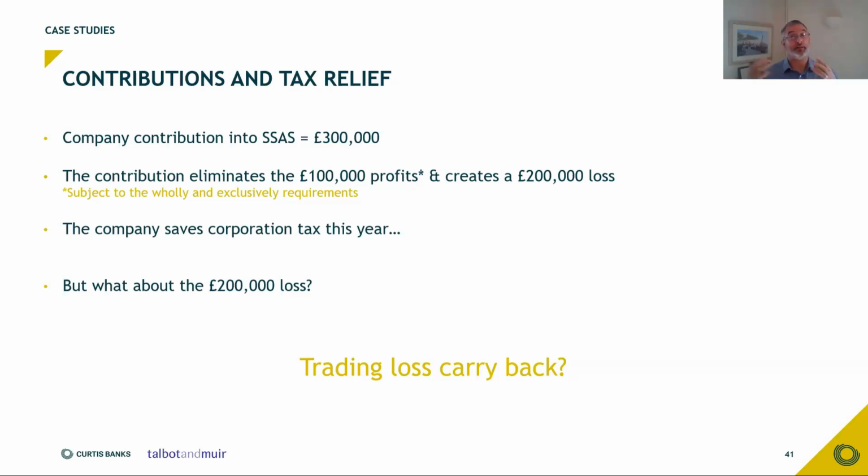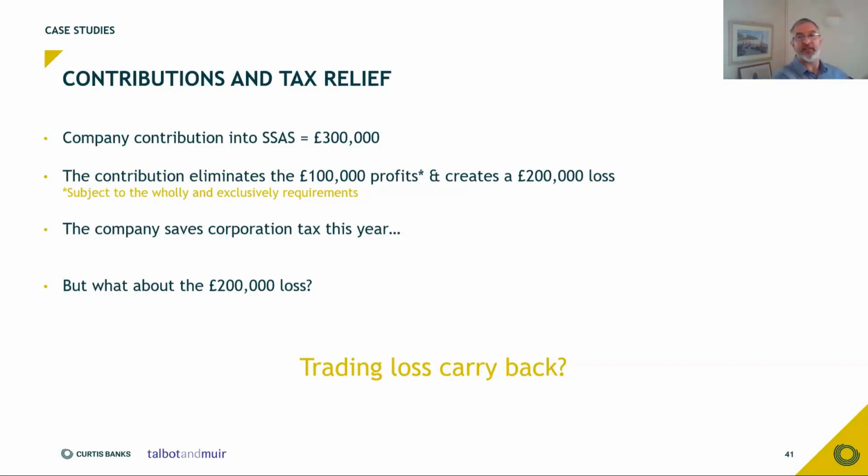But the next question, which is probably the better question, is should they make the £300,000 contribution this year? They've only got £100,000 of profits. So if they made a £100,000 contribution, that would wipe out the profits. That would maximise their corporation tax relief. So should they just hold on to the extra £200,000 and make that contribution next year or the year after?